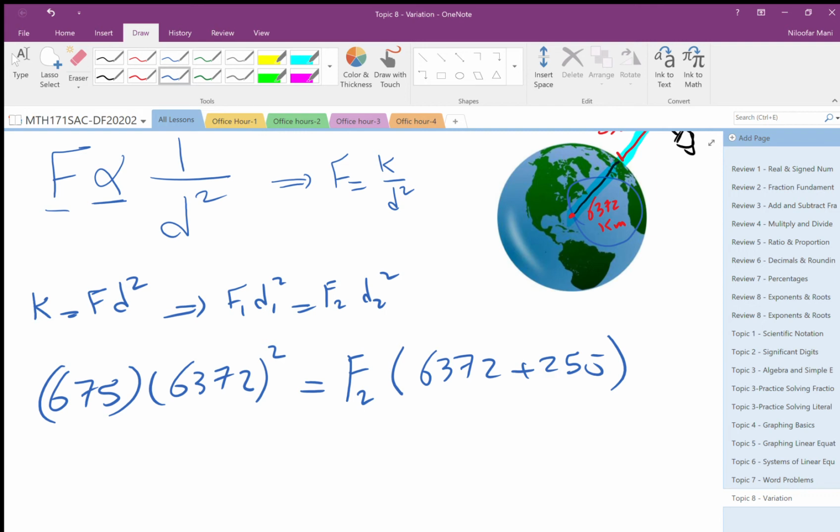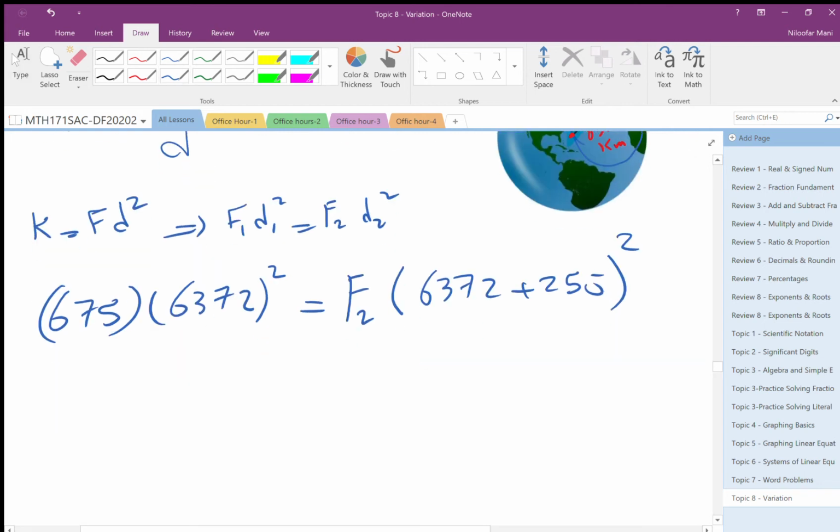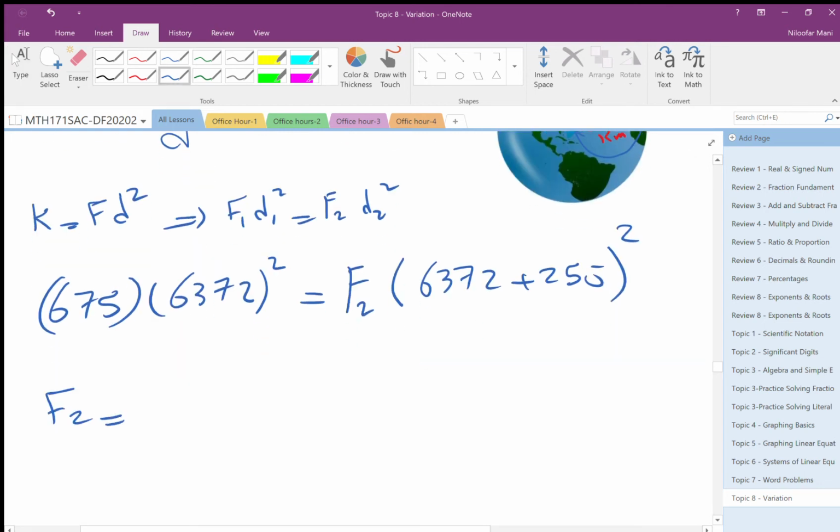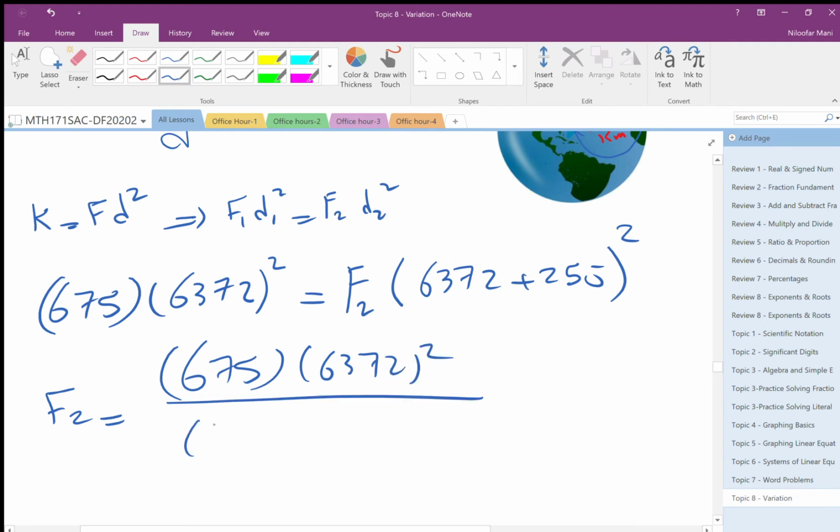So now find F2. F2 is 675 times 6372 squared divided by the bracket 6372 plus 250, close the bracket, squared. I always tell you to use all the numbers until the last part, so you don't round and round in the middle.